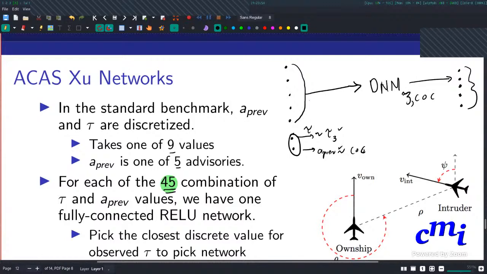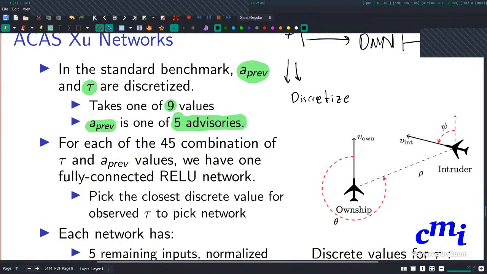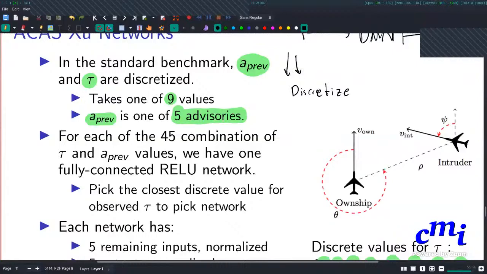And each DNN will only see the first 5 inputs. So in some sense, each DNN only gets this 2D picture, the shadow picture that I was talking about, right? And then each DNN is separately trained on the parts of the lookup table where tau has this specific value and aprev also has this specific value.